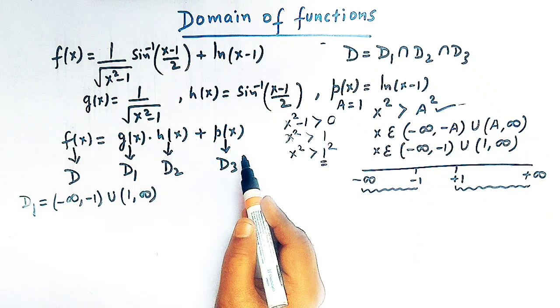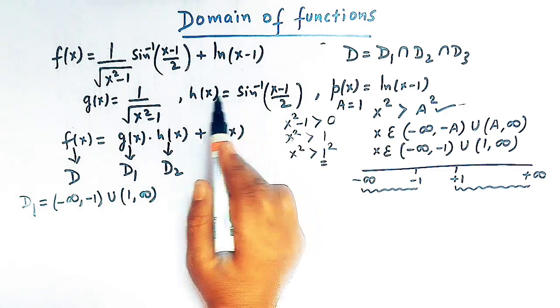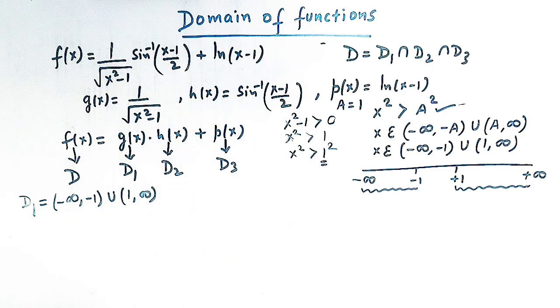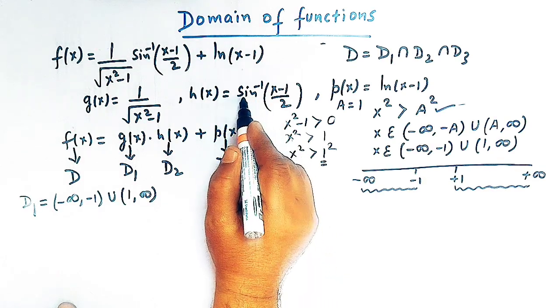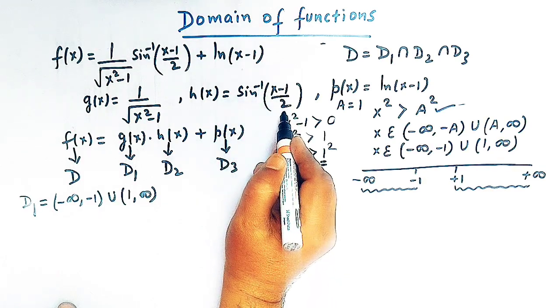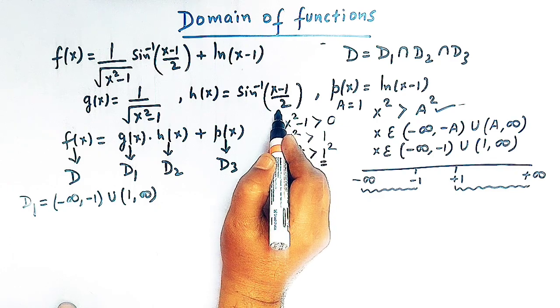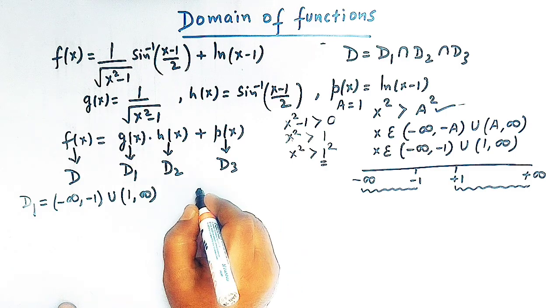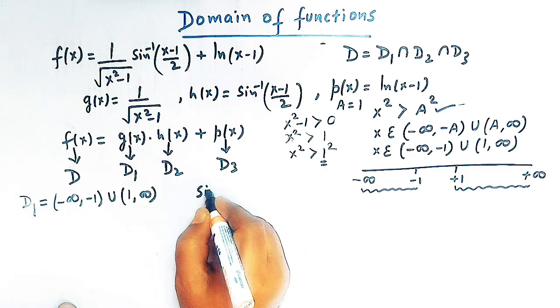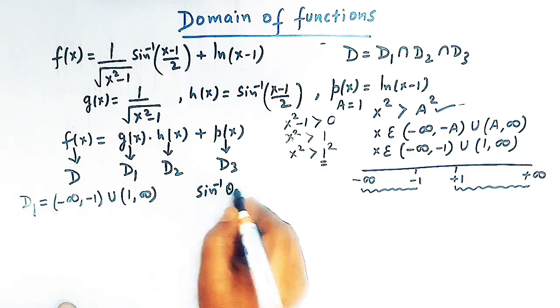So let us now find out the domain of h of x. So here we have the inverse sine function, that is sine inverse (x minus 1) over 2, right? So here I will make use of the concept of inverse trigonometric function, that is the function sine inverse theta.